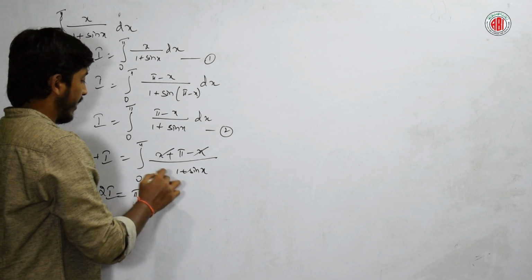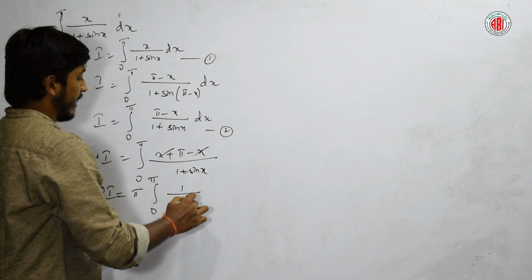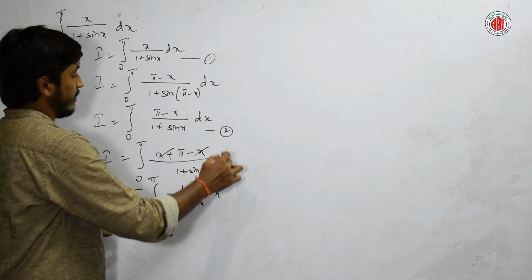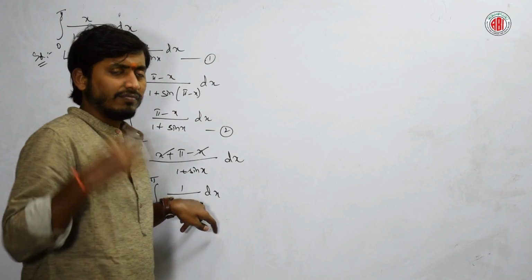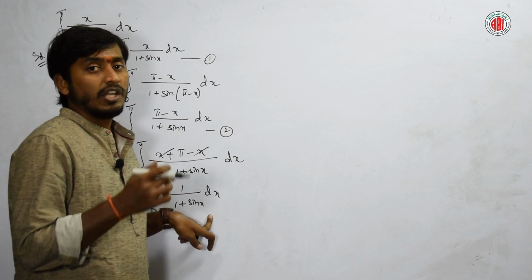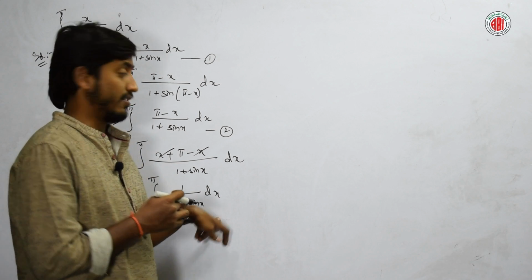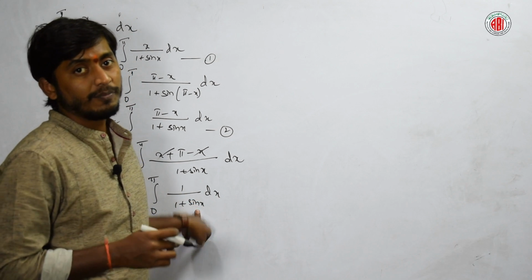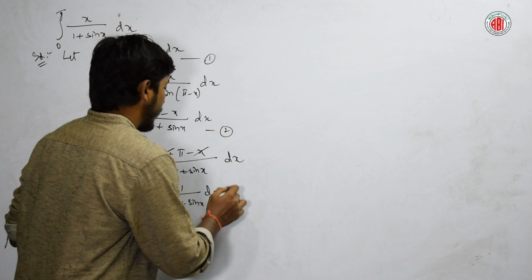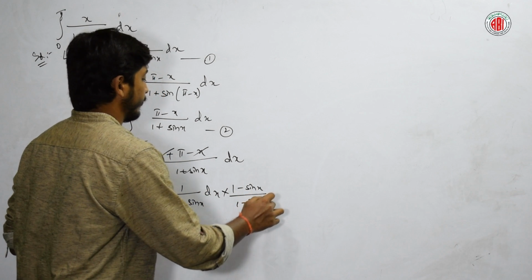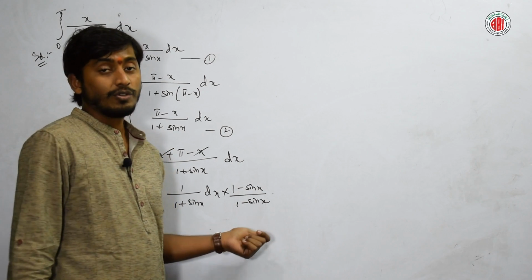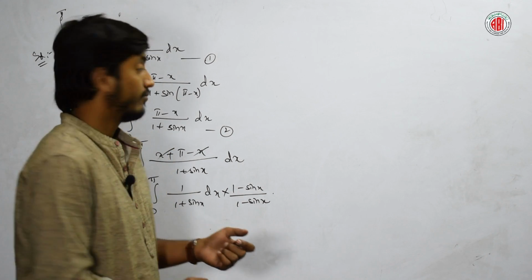Now I have to find the integration of 1 by 1 plus sin x, right? How do we find this integration? Again, you have various ways. You can use your standard form, that is put tan x by 2 equal to t, or else the simplest way: multiply and divide with 1 minus sin x, that is rationalizing the denominator, which we used to do in the first exercise of integration.